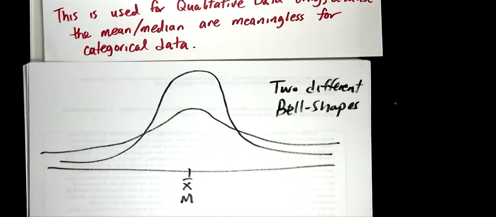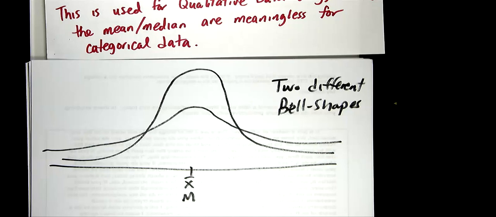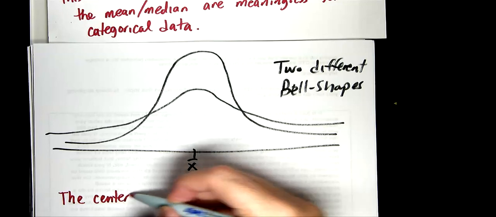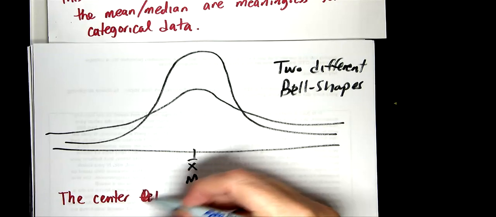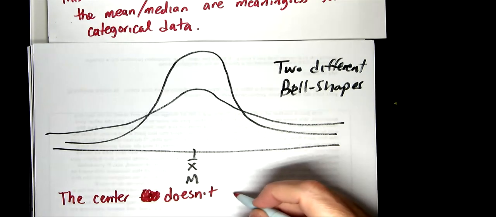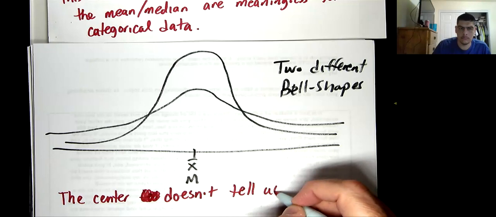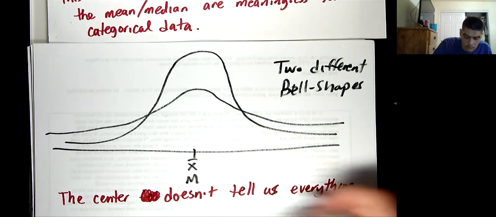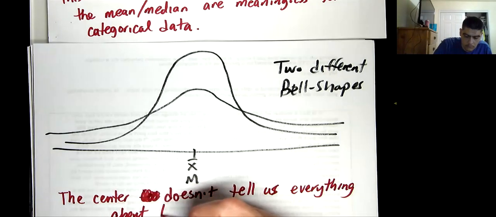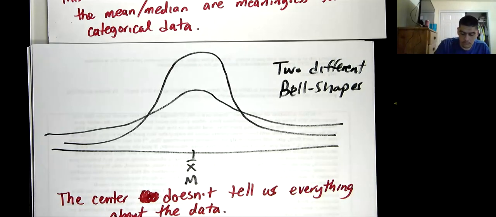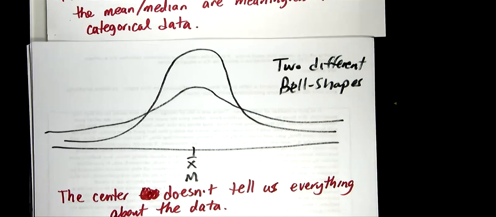And the reason I point this out to you is to illustrate the center doesn't tell us everything about the data. One of these is more spread out than the other.